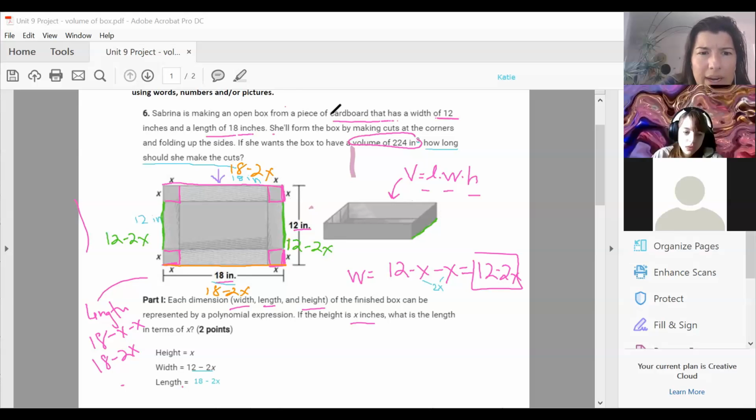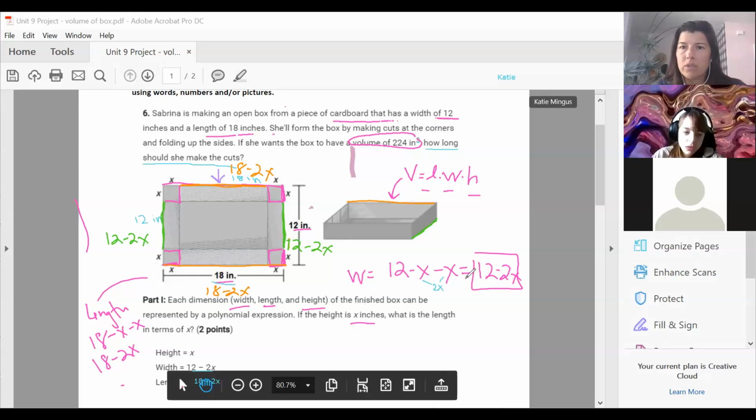And I'm going to go in orange, just draw in the length. It's just this segment right here. Okay, does that help? So we have our properties of our rectangles.